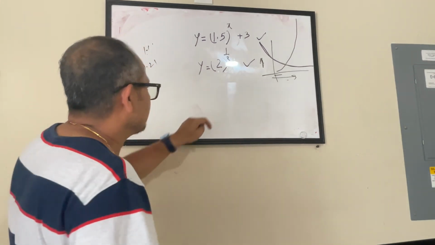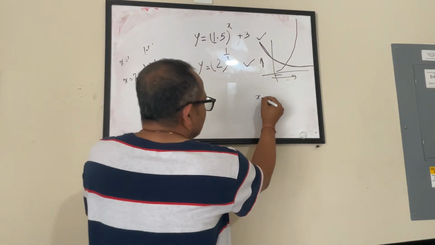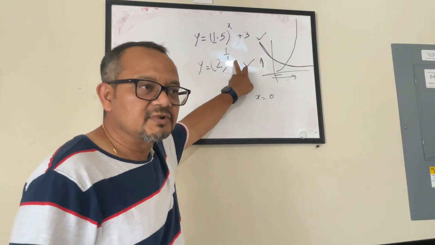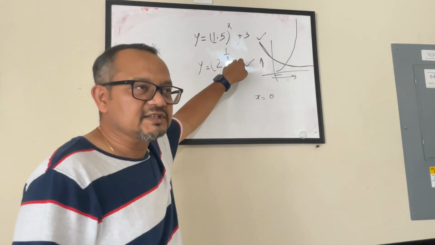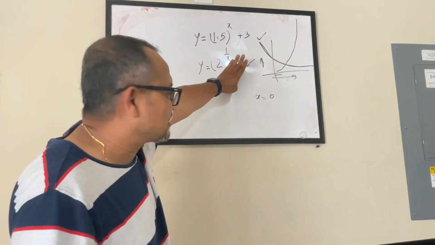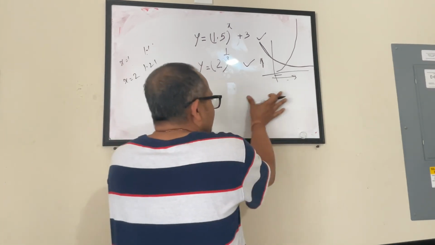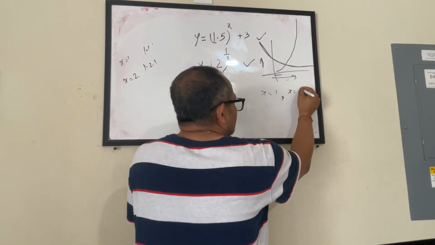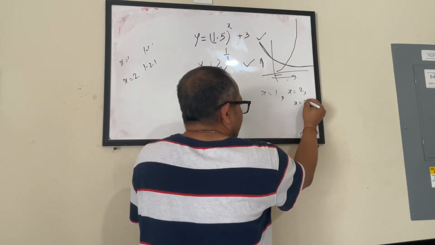Now let's look at this. When x equals 0, this is a problem. I will not worry about it. This is more of a rational exponent. It's a unique case. I will not look at x equals 0. Let's look at x equals 1, x equals 2, and x equals 3.